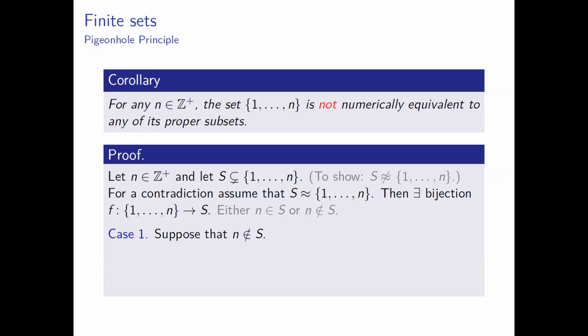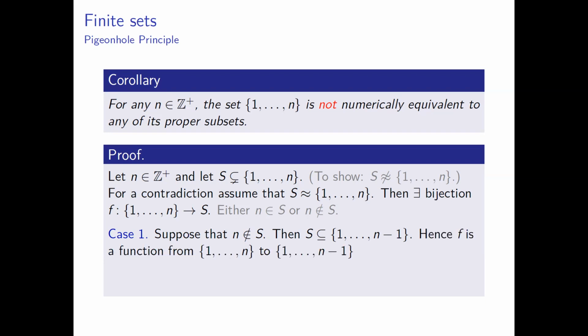For case 1, suppose that n is not an element of S. Then S is a subset of the set of integers from 1 to n minus 1. Hence, the bijection f is a function from the set of integers from 1 to n to the set of integers from 1 to n minus 1. And this function is 1 to 1.